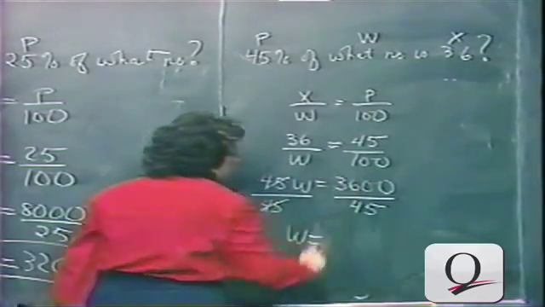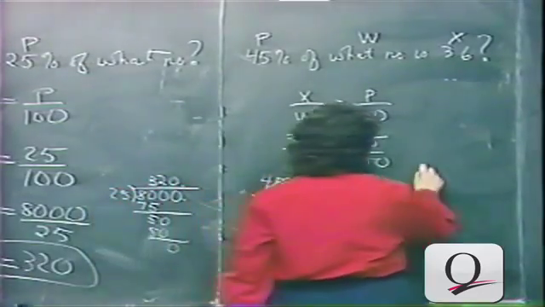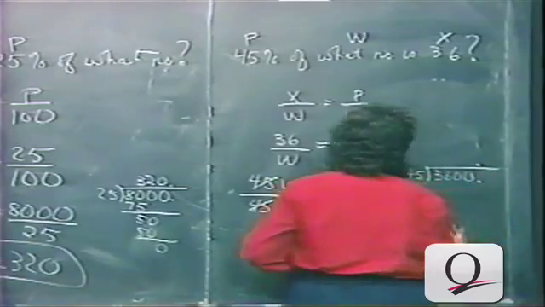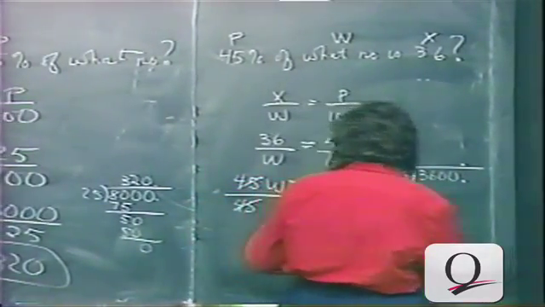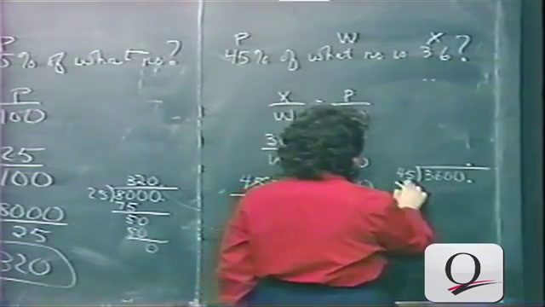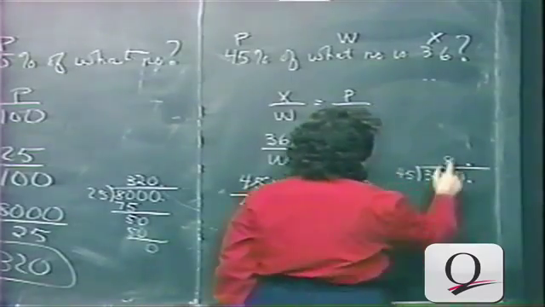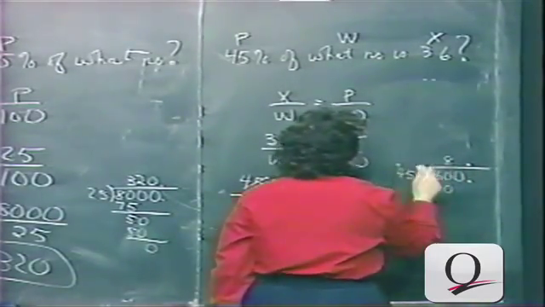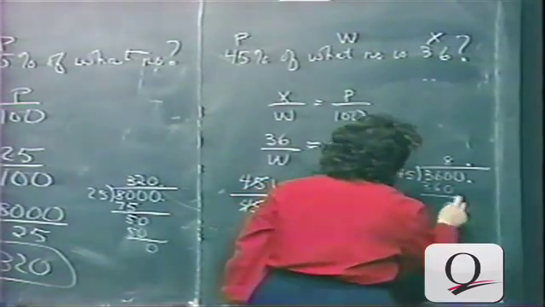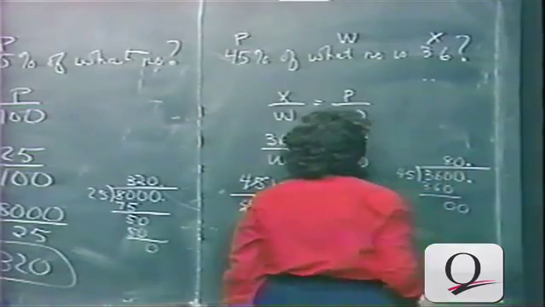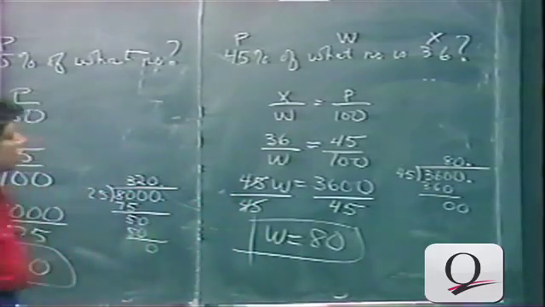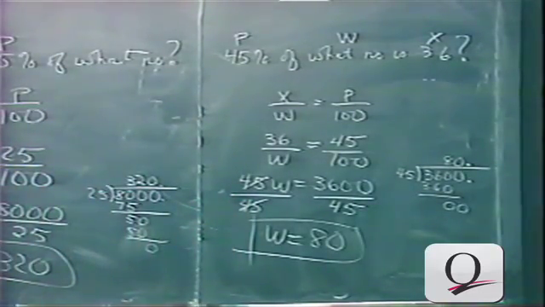W must be 3,600 over 45. 45 doesn't go into 3. 45 into 360 goes about, let's see, 8 times 5 is 40, 4 times 8 is 32, and 4 is 36. So it's exactly 8 times. Remains a 0, and 45 goes into 0 zero times. So the answer is 80. 45% of 80 is 36.